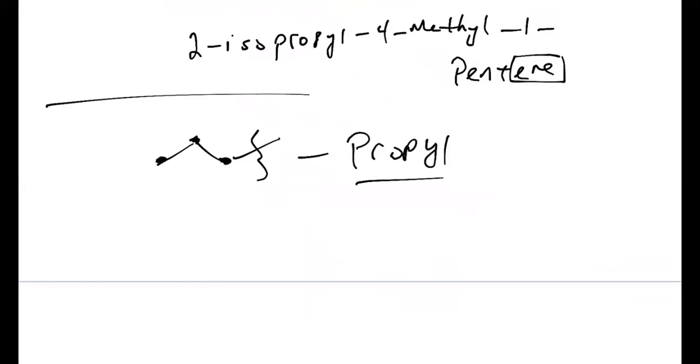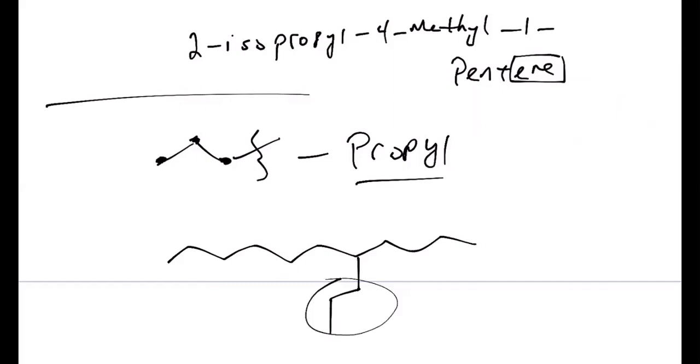Like if I have a 15 carbon chain or 10 carbon chain, and the propyl is somewhere like that, then the 3 carbons that are here would just be a propyl group and not anything else. Normally it would be propane, but because it's a substituent, it's propyl.